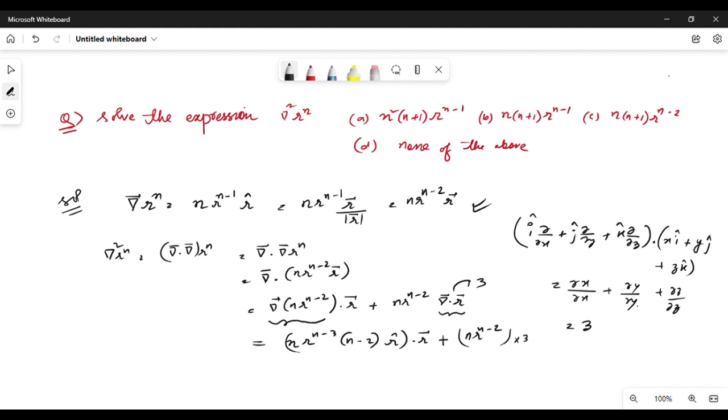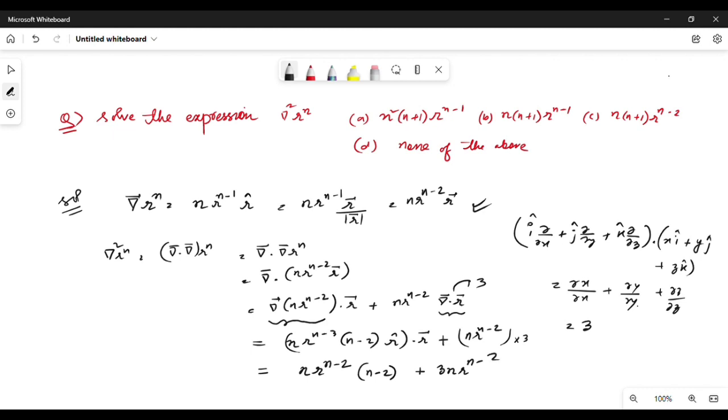Now if you solve this one and replace the r cap with r by magnitude of r, you will get n r to the power n minus 2, right? Then multiplied by the same factor, that is n r to the power n minus 2 multiplied by n minus 2, right? Is it correct? Let me see. n r to the power, yes, n minus 2 plus 3n into r to the power n minus 2.